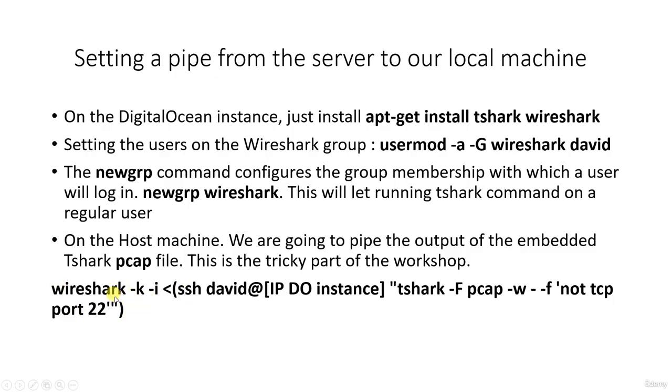Let me define it. As you know, wireshark is the Wireshark command, and -i is the interface; -i does not necessarily mean a network interface. In this case, it is a live stream interface going to the output redirection.